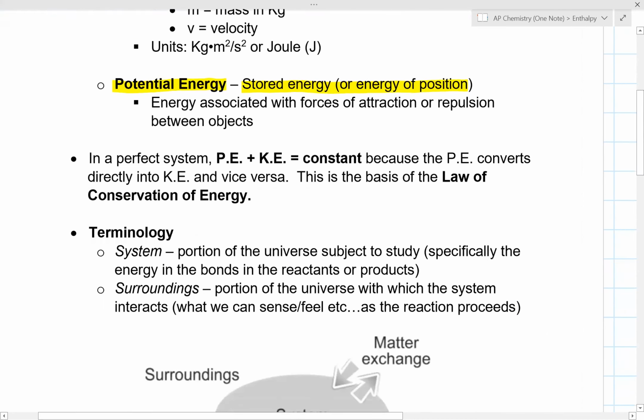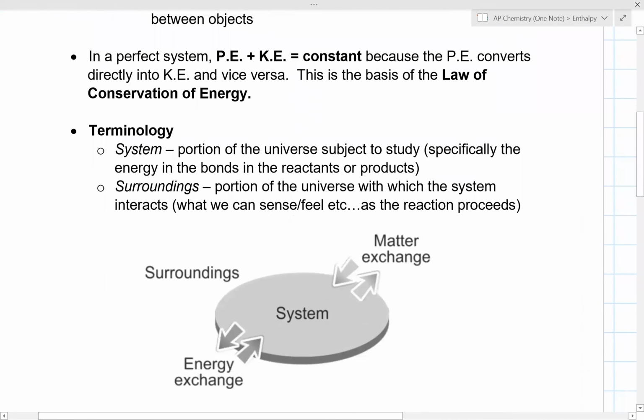Now, in a perfect system, the total of potential energy and kinetic energy is constant, because theoretically the potential energy converts directly into kinetic energy and vice versa. This is the basis of the law of conservation of energy, which states energy cannot be gained or lost, only converted.